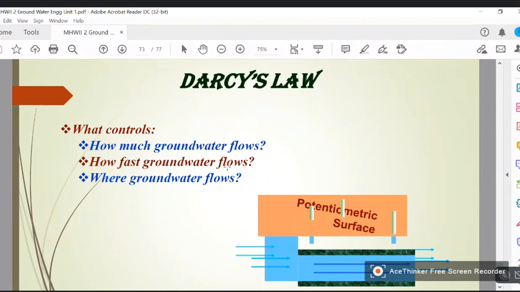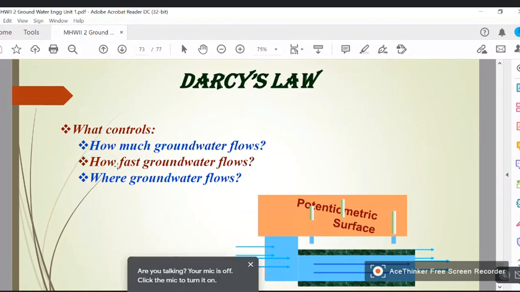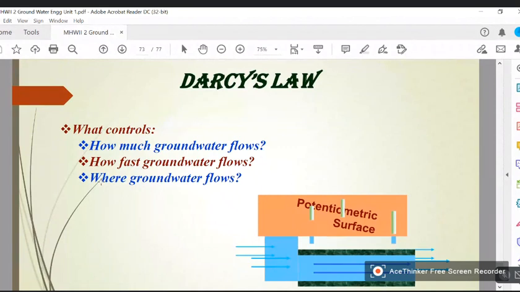How fast means the velocity of the groundwater flow. Where means from higher piezometric head to lower piezometric head. And how much means this velocity multiplied by the area.